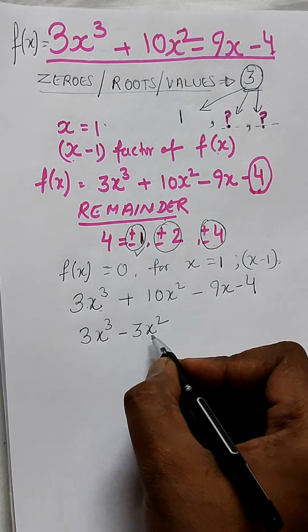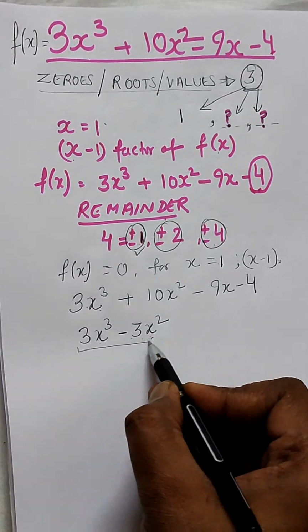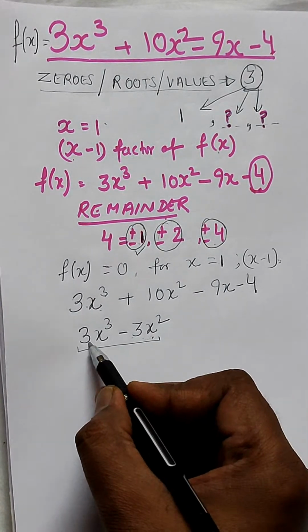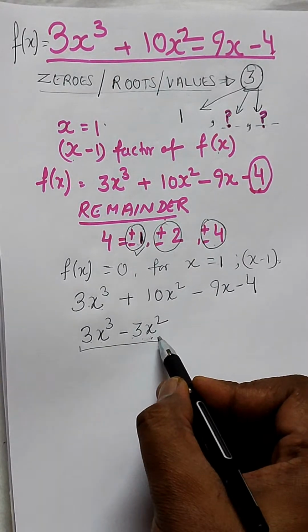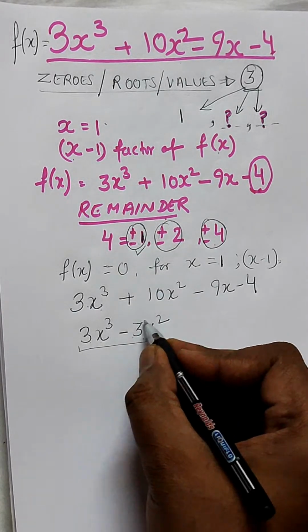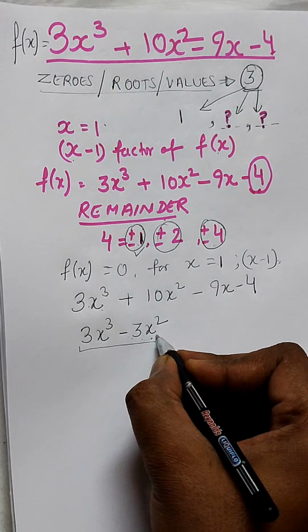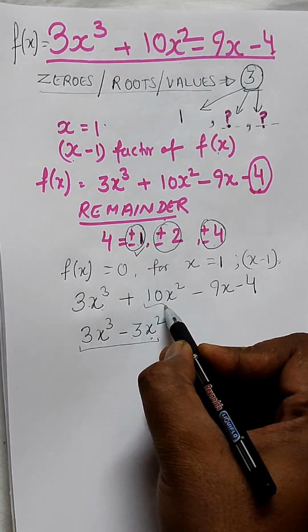Now, when 3x square is taken common from these two terms, you are left with x minus 1. Now, since we have inserted minus 3x square, we have only 10x square.